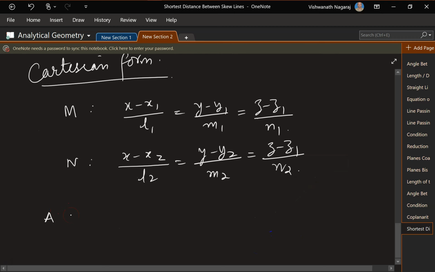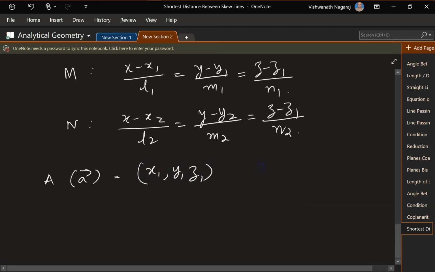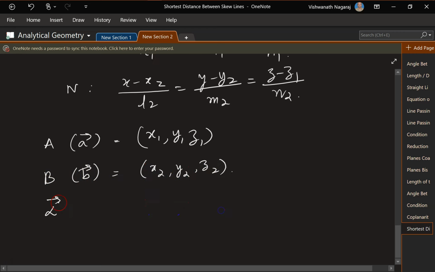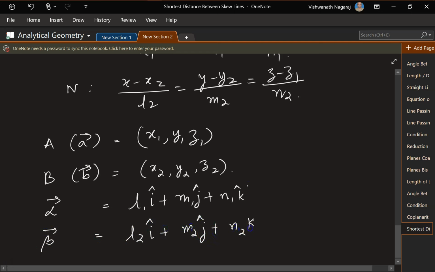A, which is the position vector a, let's say is (x1, y1, z1). B, which is position vector b, is equal to (x2, y2, z2). Alpha, let's say, is L1 i plus M1 j plus N1 k. Beta would be L2 i plus M2 j plus N2 k.